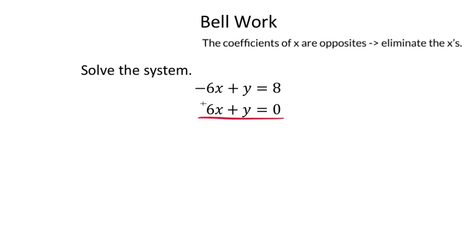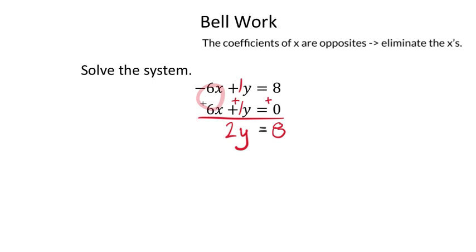Whether you show the addition signs or not is really up to you, but here I've got a -6x plus a 6x, which actually is going to make that a 0 right there. So we've zeroed that out. But then I've got 1y plus another 1y. So how many y's is that? That'd be 2 y's. And then this would equal, you can do a plus 0 or just whatever, it's still going to be 8.